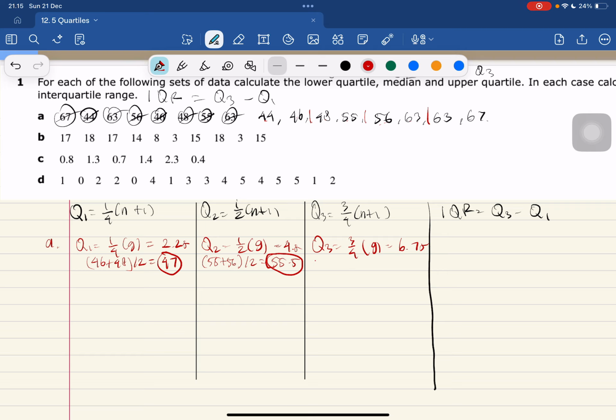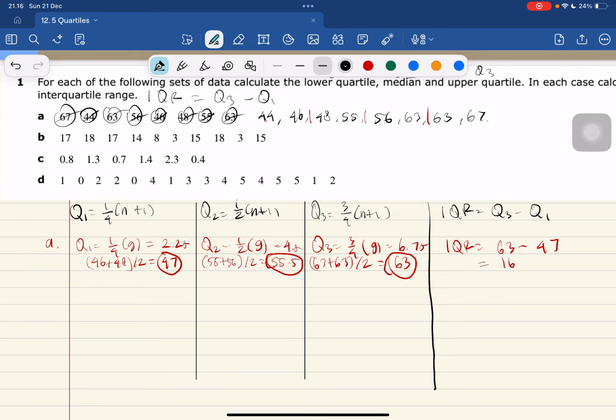We have 63 plus 63, divided by 2. So the quartile 3, or upper quartile, is 63. So the interquartile range is Q3, which is 63, minus 47. So the interquartile range is 16.